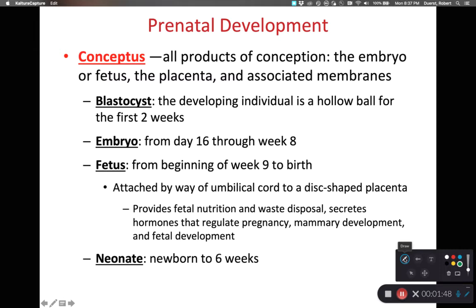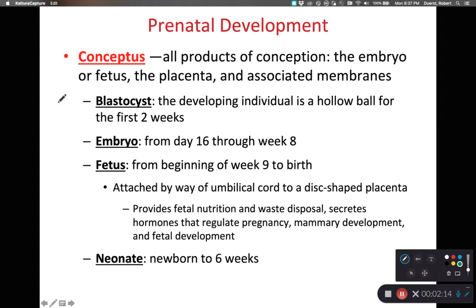I was going to use technically correct terminology, and everyone just said, "Oh, baby, baby this, baby that." And I was like, but why don't you say embryo or fetus or conceptus? So know that a lot of times in a clinical setting, these technical terms aren't always going to be used, particularly nursing. I know most of my students are pre-nursing students, but it is good to know what these technical terms mean.